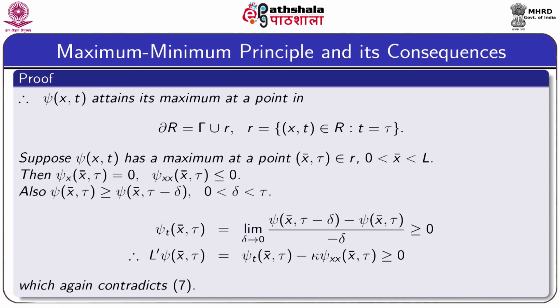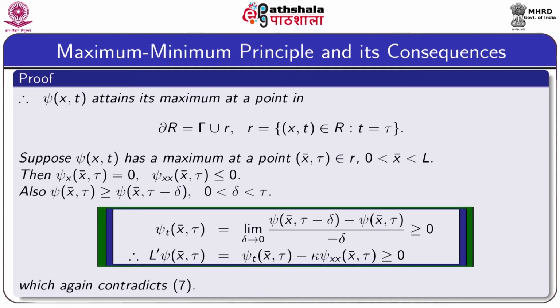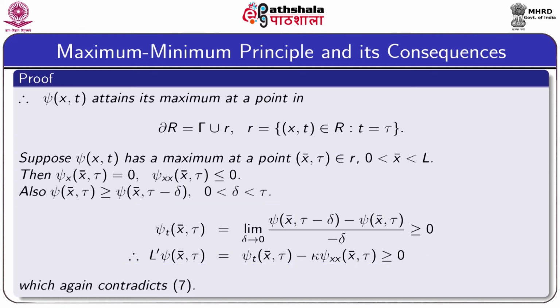Now, if we look at the expression for ψ_t(x̄, τ), this is the partial derivative of ψ with respect to t. By definition, this is the limit as δ tends to 0 of [ψ(x̄, τ - δ) - ψ(x̄, τ)] divided by (-δ).